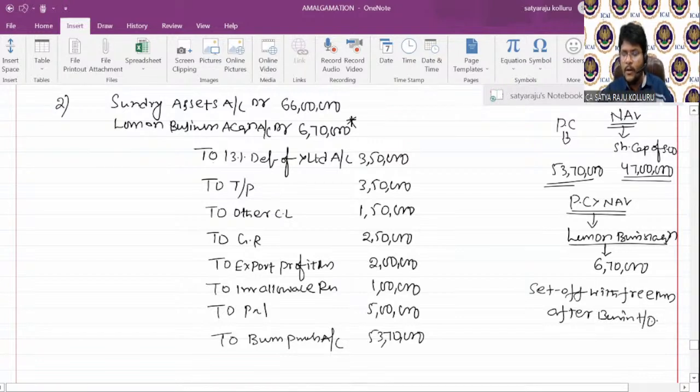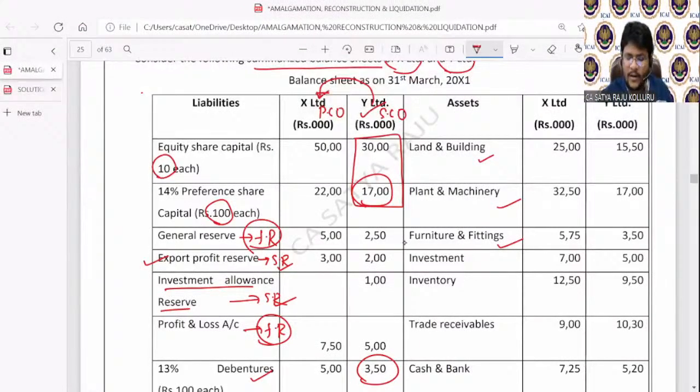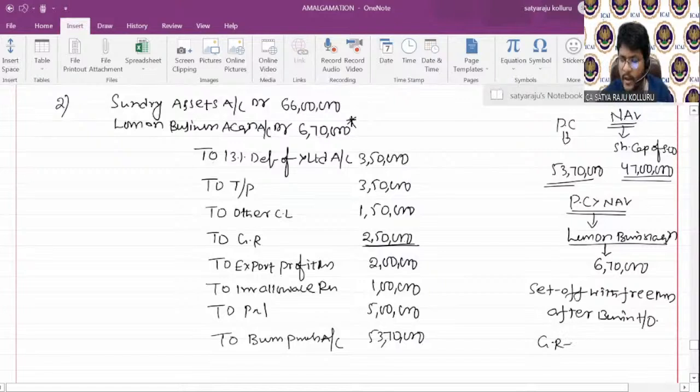Am I right? Now, how much free reserves are there? General reserve of the selling company is 2,50,000. Already in the balance sheet of the purchasing company, general reserve is 5 lakhs. Total general reserve is 5 lakhs plus 2.5 lakhs, which is 7.5 lakhs.